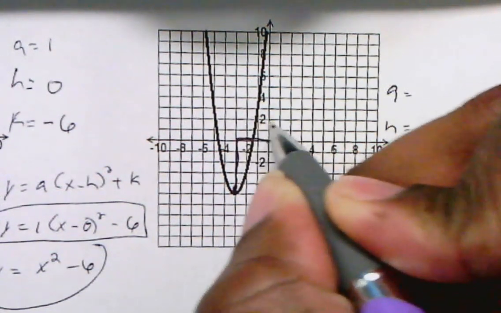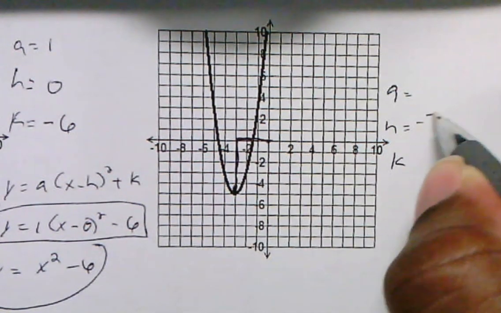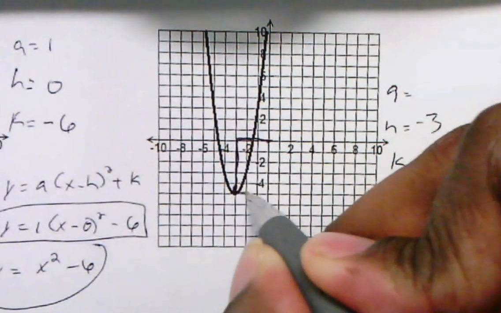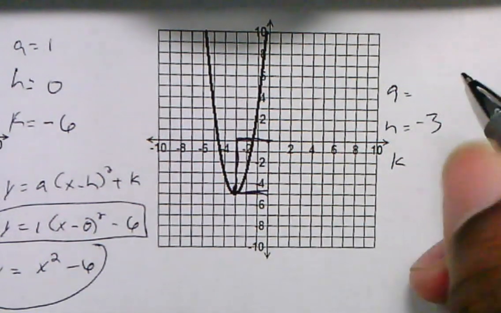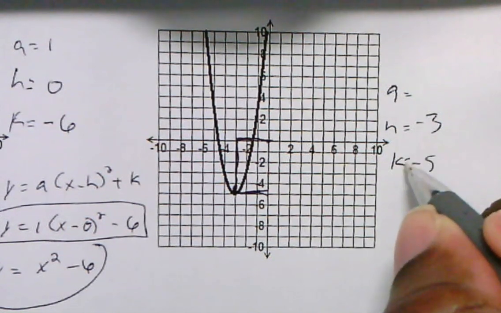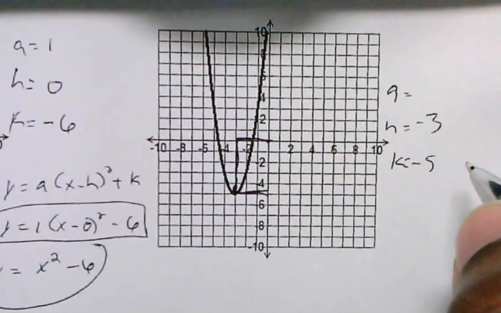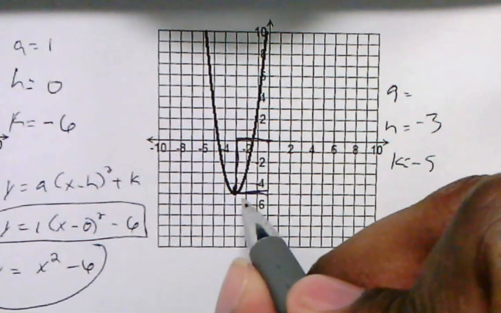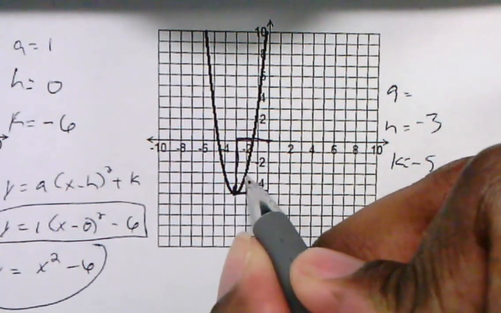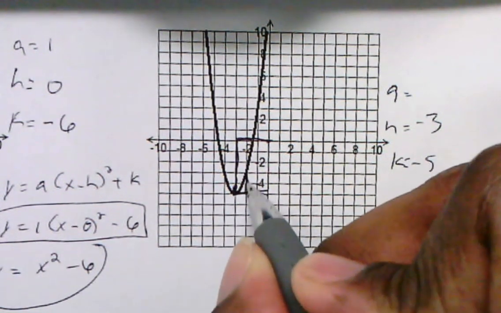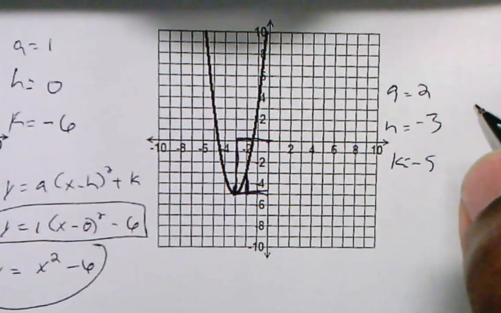So it looks like I went over -3. So H is -3. I went down, it looks to be 5. So we're down 5, so K is -5. The A value: if I start at the vertex and go over and then go upwards to touch the graph, I went up 2. So A is 2.